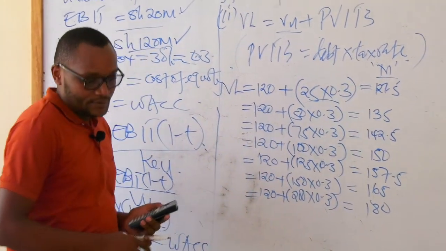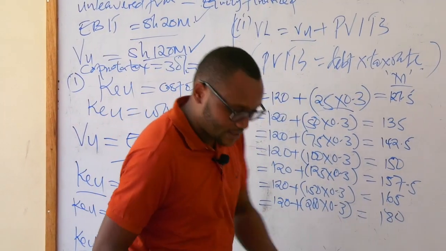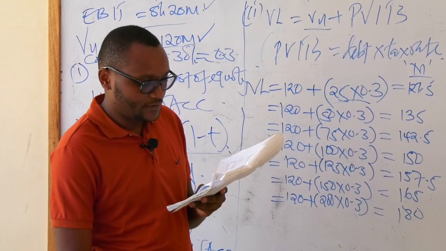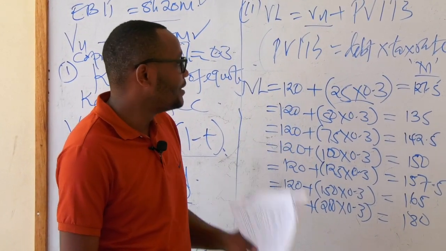So we go to the question. What is the question asking about? The question is asking about the company's optimal level of debt finance using the Modigliani-Miller model.